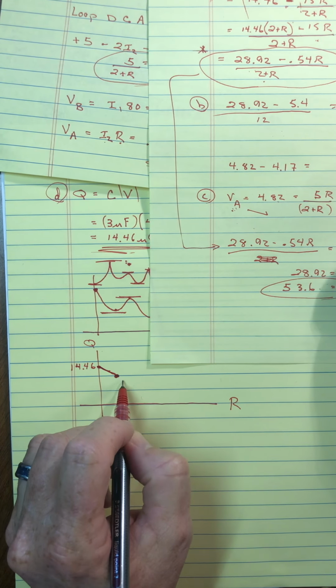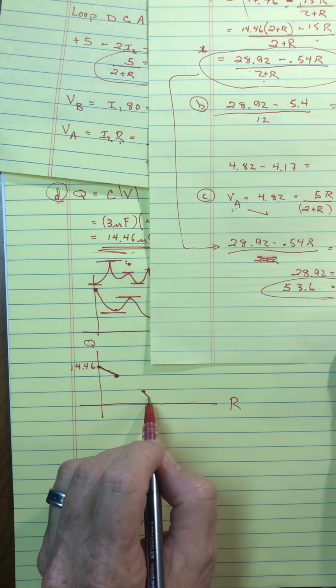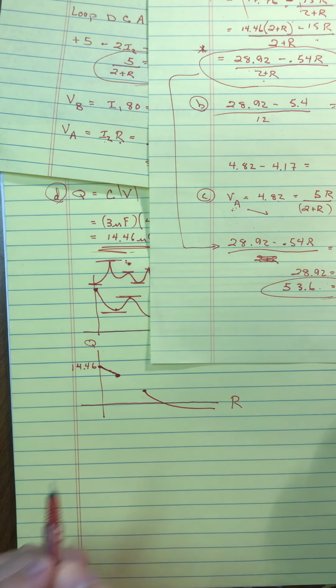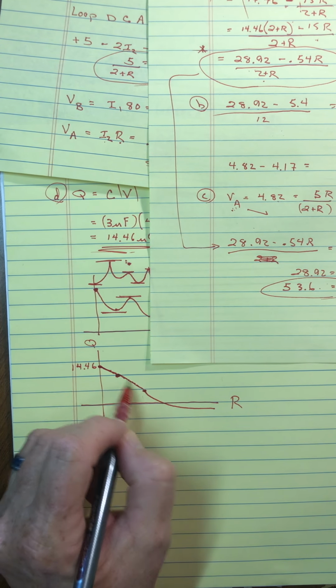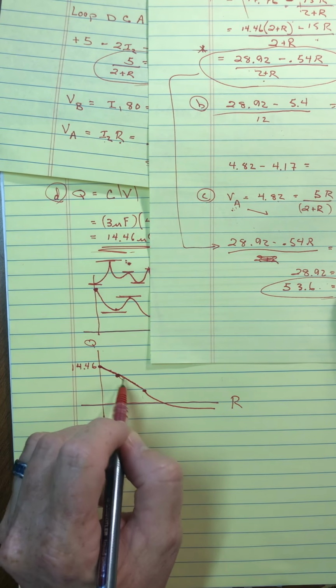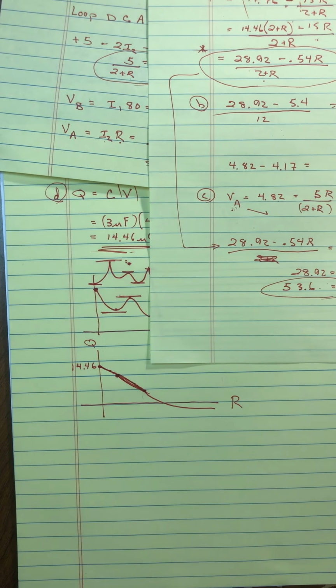Maybe I'll put a transitional space here, but for large values of R, it would follow that hyperbola effect. And so it looks like there'd be some kind of transition that wouldn't be quite a straight line as my drawing shows, but kind of a transition.